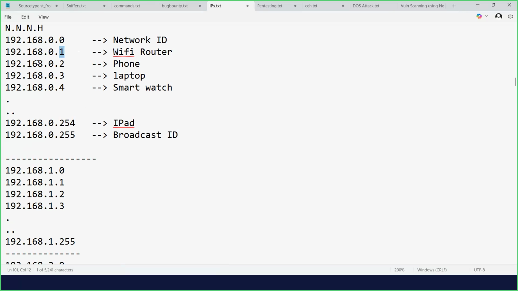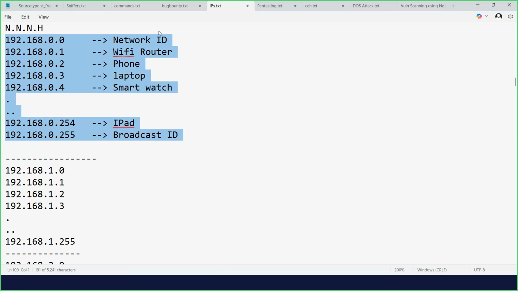This is the first host in the 192.168.0 network, this is the second host, the third host, the fourth host in the same network. Each host portion represents a unique device in the network, and the network portion gives a name, the identity, for the entire network.